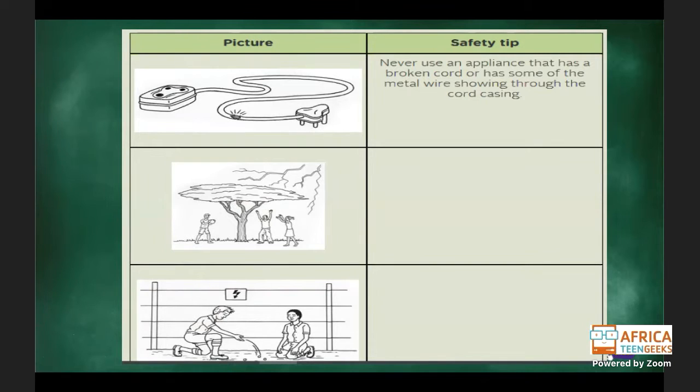Let's start with this one. As you can see, there are three people under the tree. Any safety tips that you might want to give them? Any three safety tips or one safety tip?